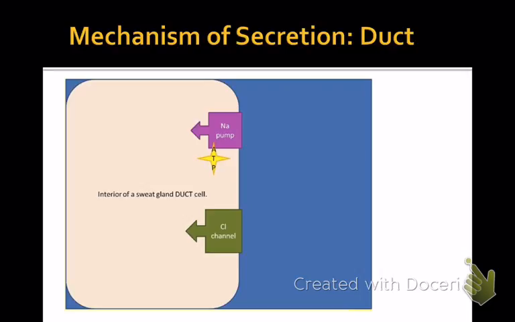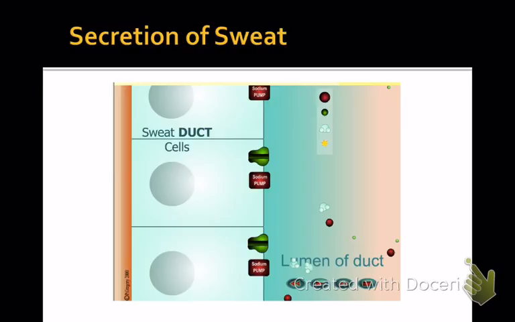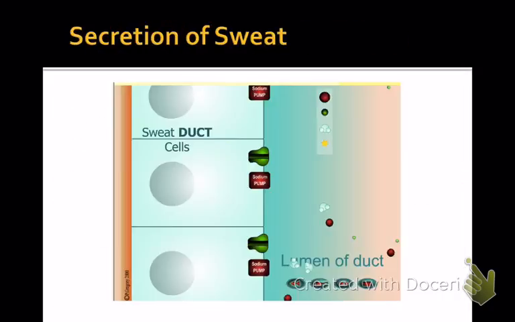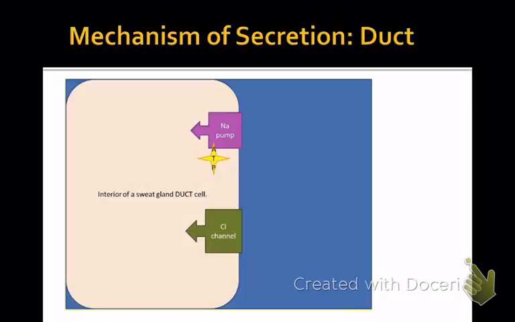So in effect, if that chloride channel is not working, then neither my sodium nor my chloride is going to be pumped. Okay? So that being said, what does that mean about the sodium and the chloride? It's in the duct. We're trying to reclaim it. So if we can't, then it goes out with the water.